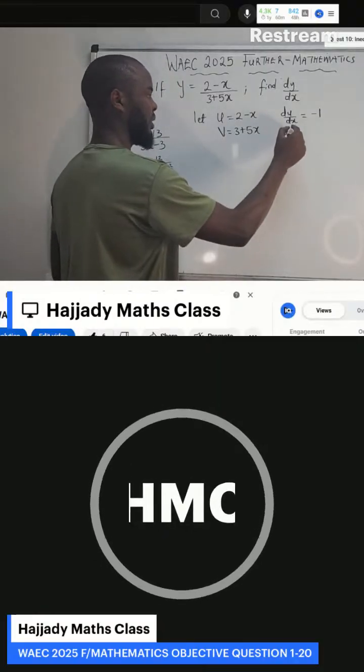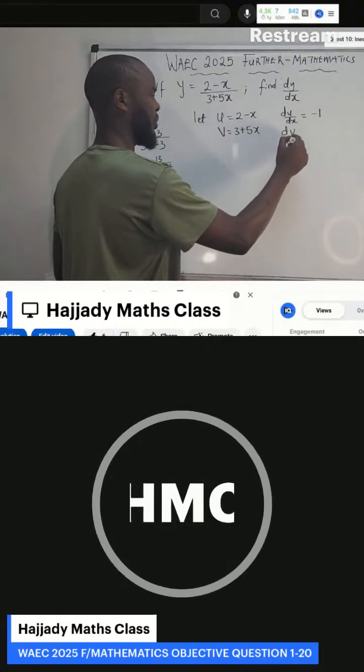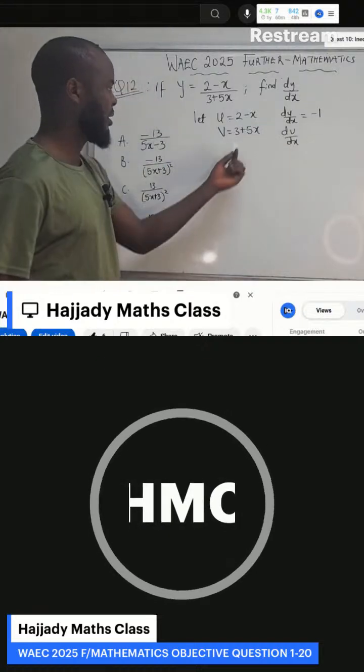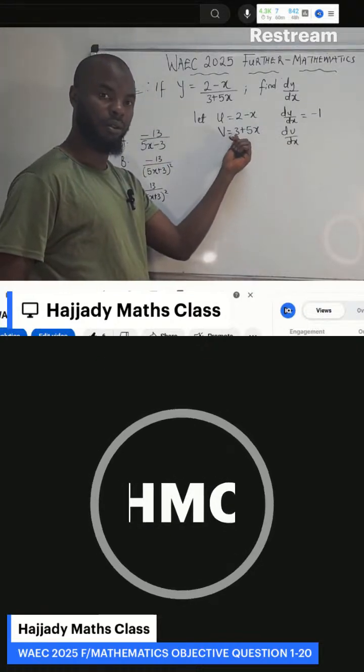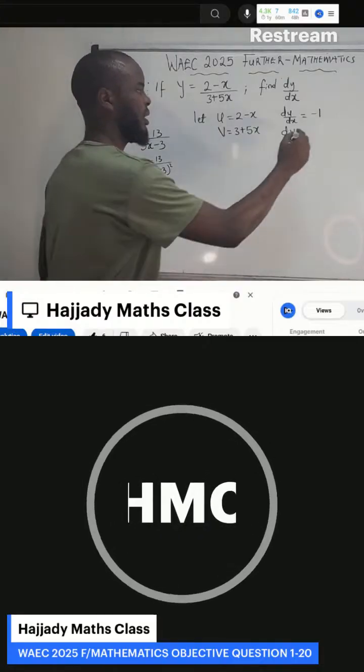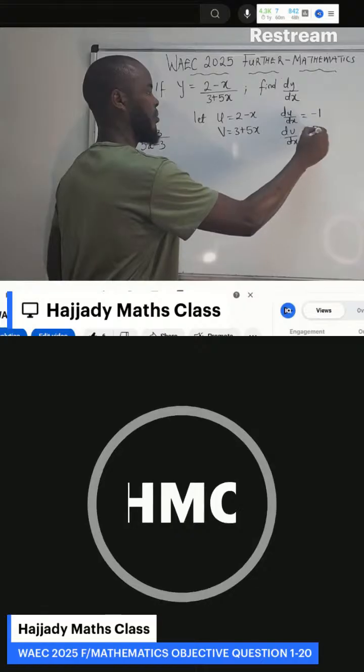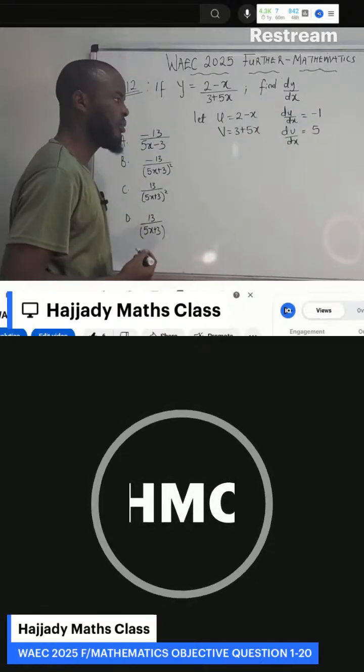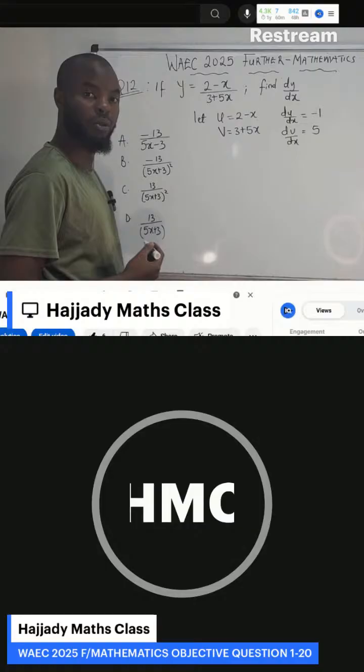What about if you differentiate v with respect to x? Like I said, 3 is a constant, so don't worry about it. If you differentiate 5x, this is going to be 5. Now, what is the formula for the quotient rule?